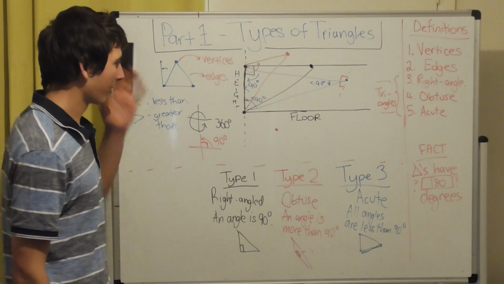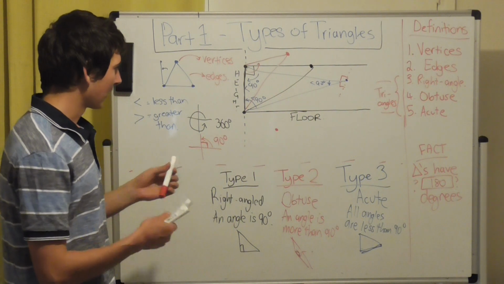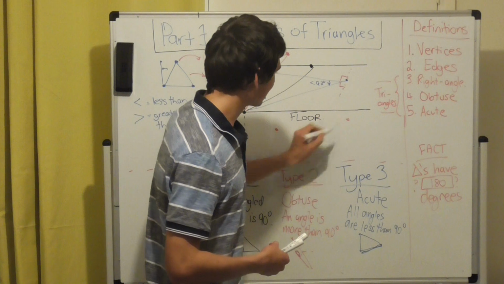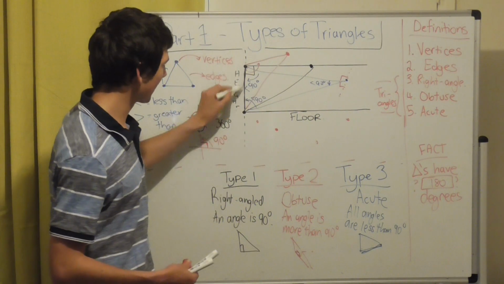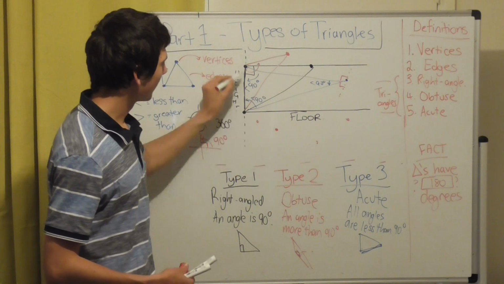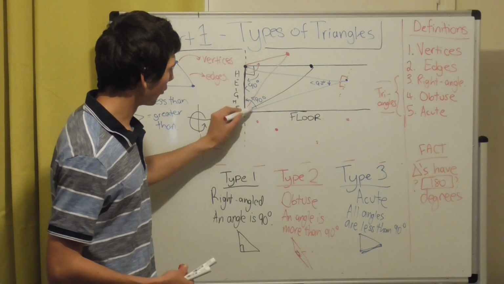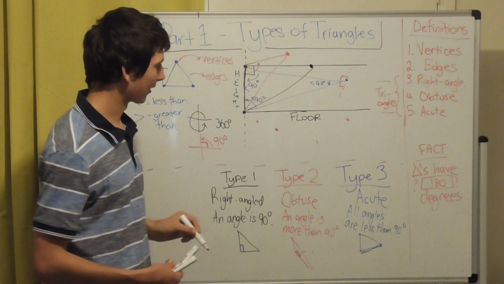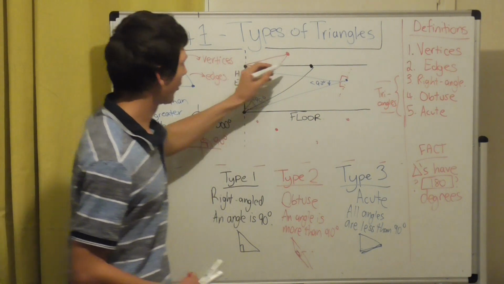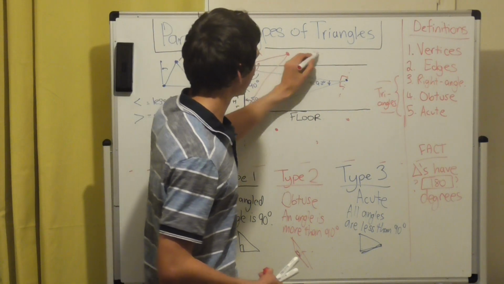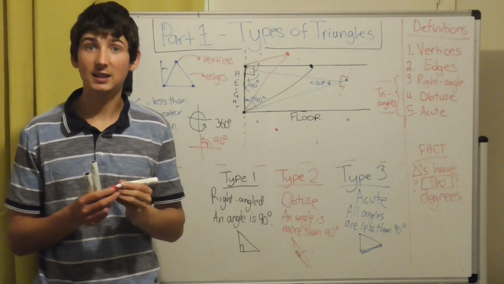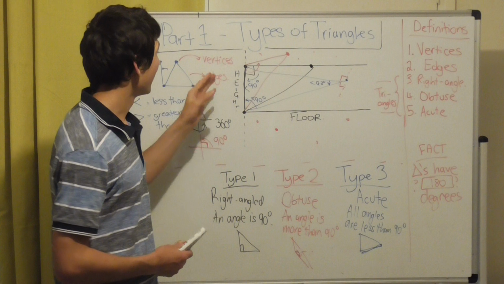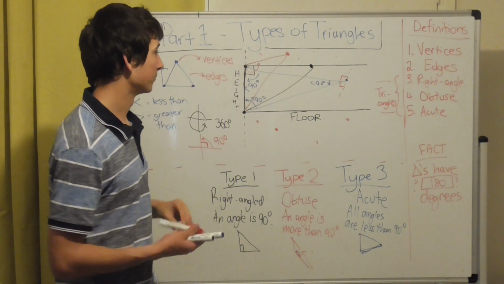So, all I want to know now is, if I draw any point below the floor, it's going to be obtuse, because this angle that I'm creating is going to have to be more than that starting black part. So, any of these red points I'm drawing, when I join the sides, it's going to be an obtuse triangle.